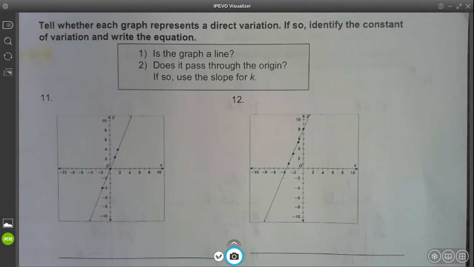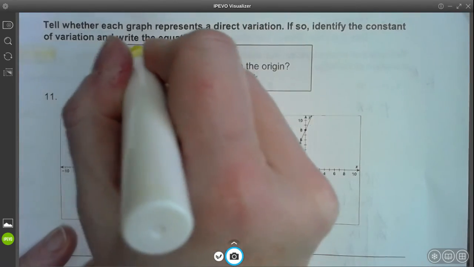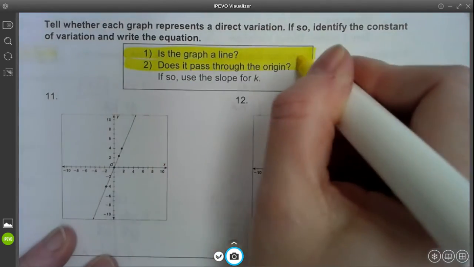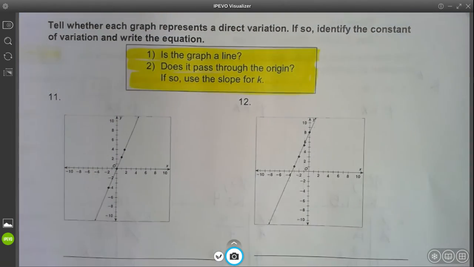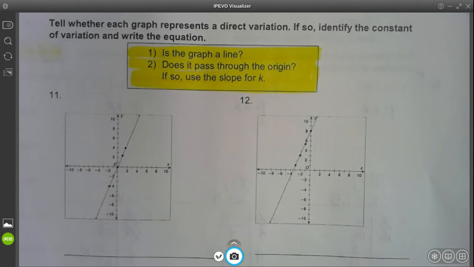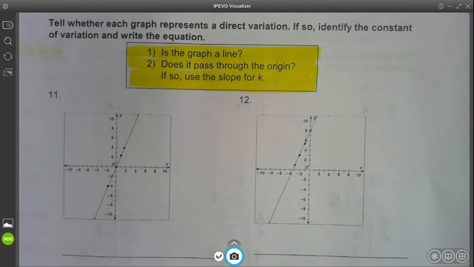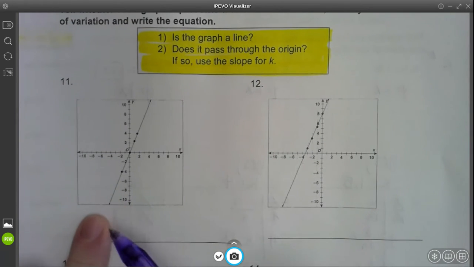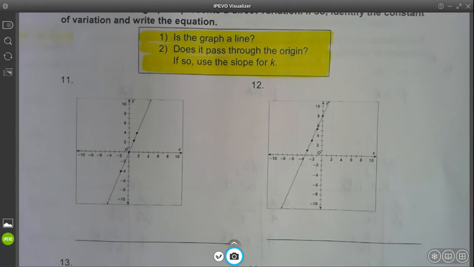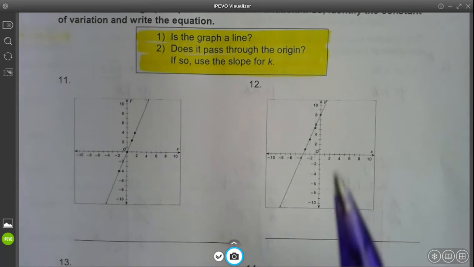Okay, the next one is how do we know just by looking at a graph? I think this is the easiest one. So again, we're going to ask ourselves two questions. Is the graph a line? And if so, does it pass through the origin? If I look at this problem here, first of all, it is a line and it does pass through the origin.